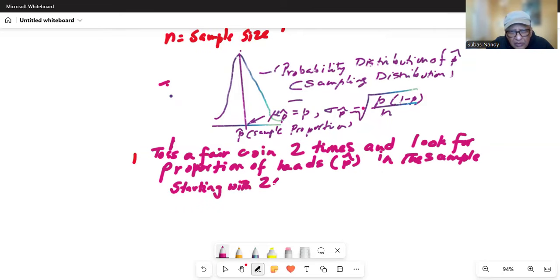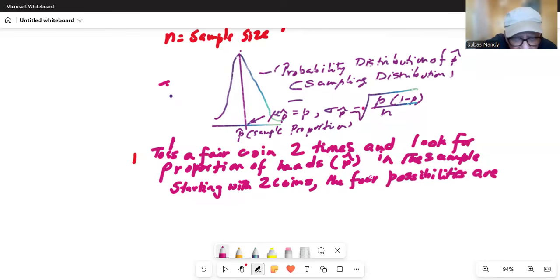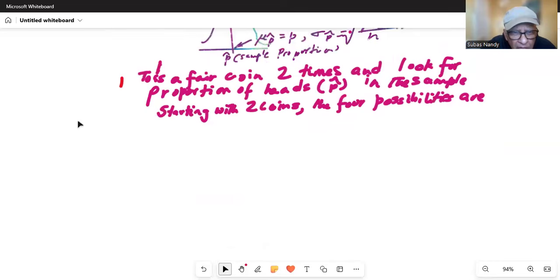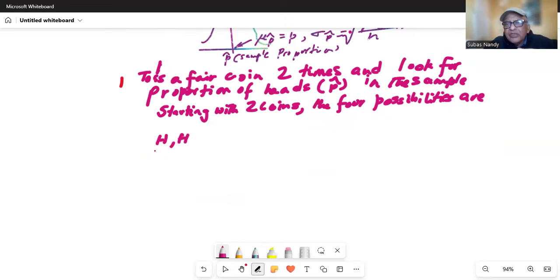The four possibilities are: we can get head, head, which means both coins land with head face up; then the first coin head and the second coin tail; or both coins land with tail face up; or the first one tail up and the second one head up.